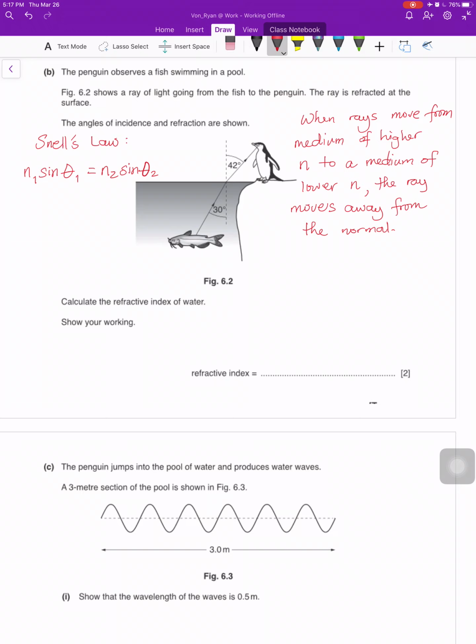Now remember that by convention, we assume that the index of refraction of air is 1.